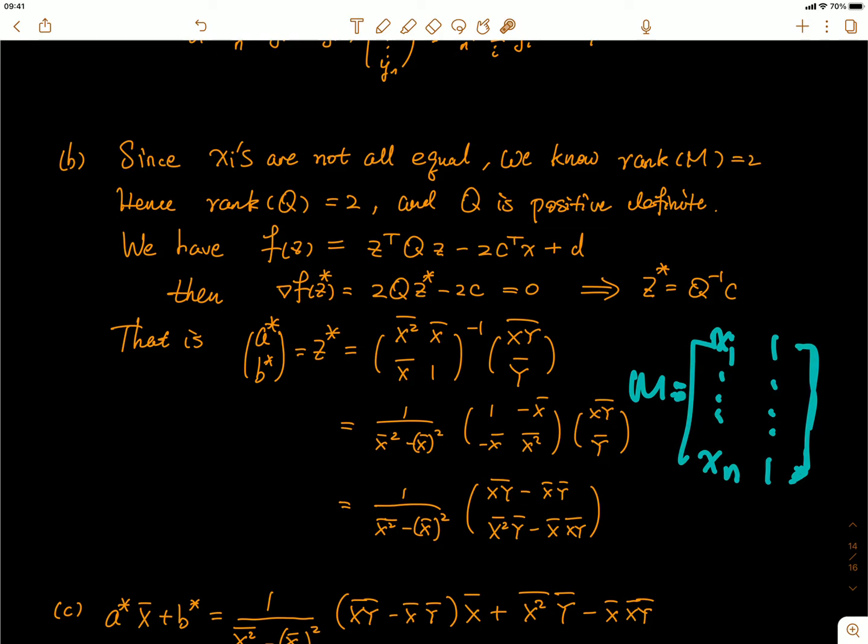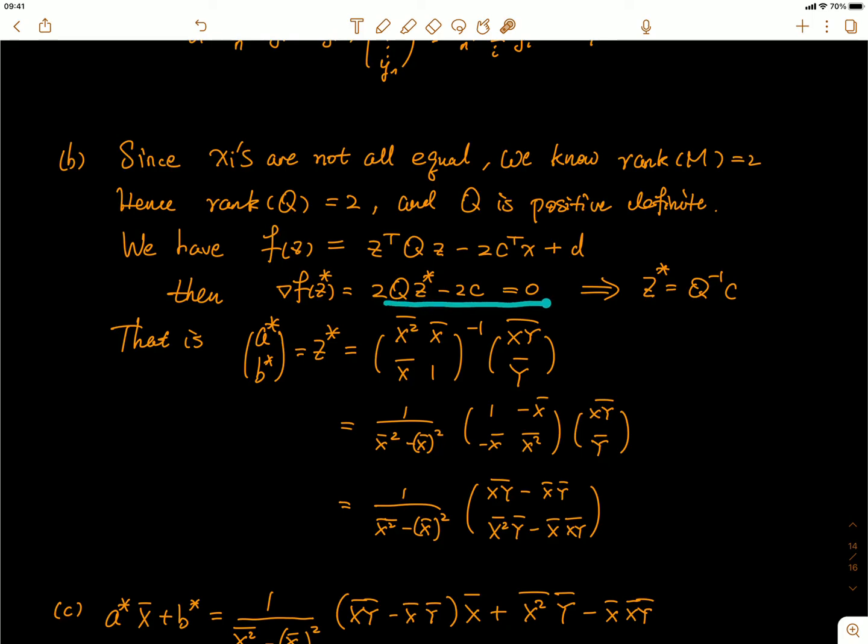So in this case, M transpose M, which is a 2x2 matrix, should be full rank, rank 2. This rank 2 means that the Q is invertible, and invertible means that this can only have one solution because Q is full rank.